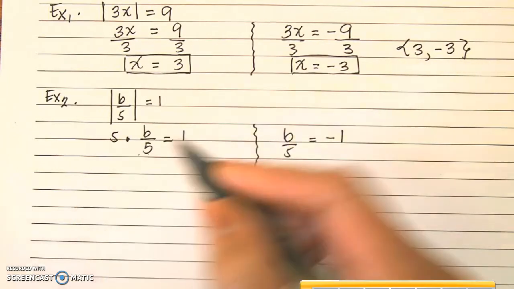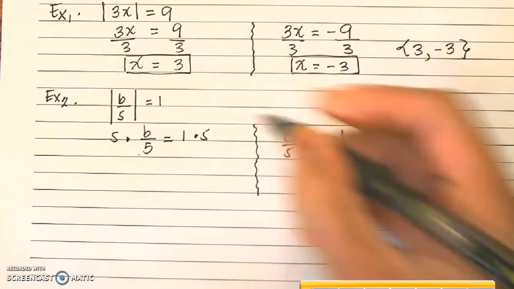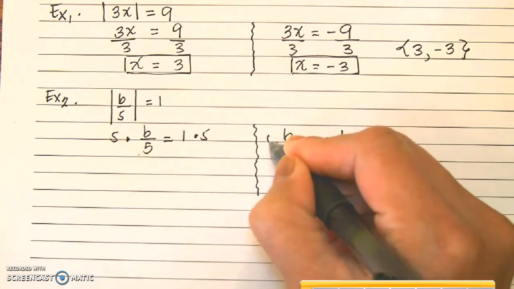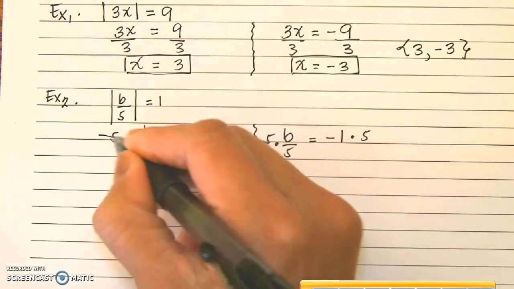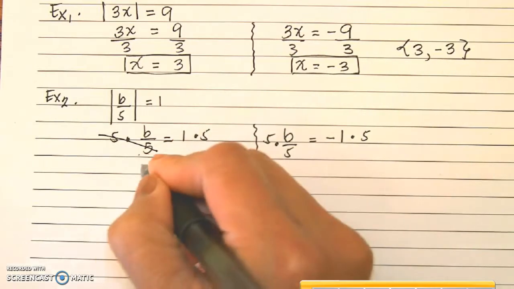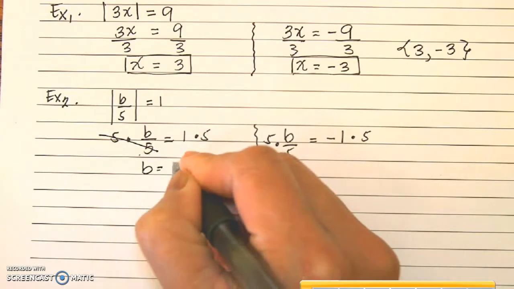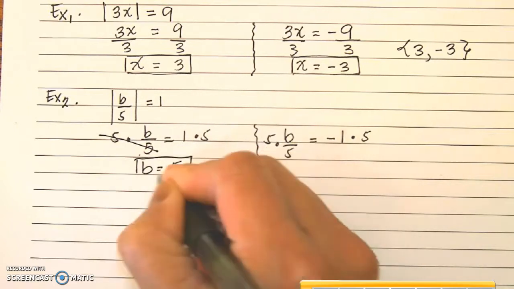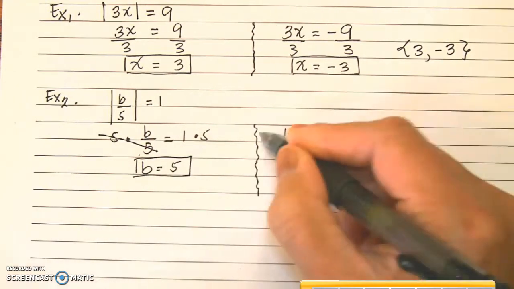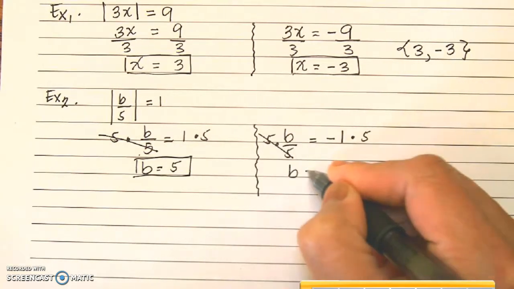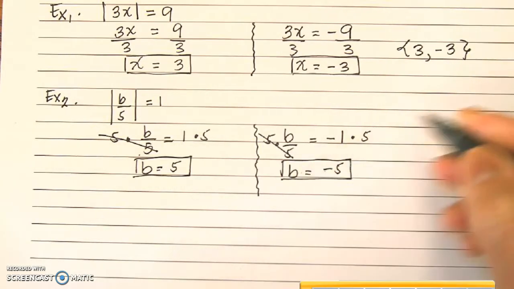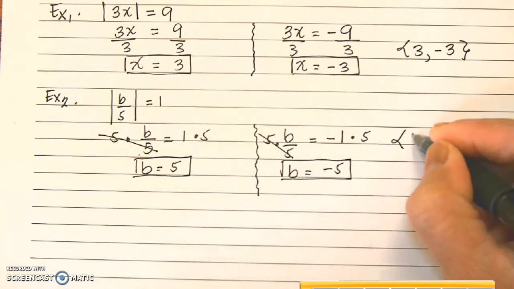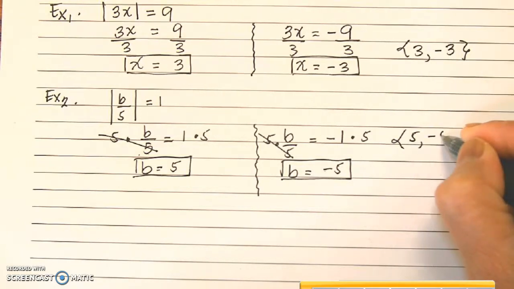Whatever you do on the left, you do on the right. Same as with this one. And then now this cancels out and becomes a 1. Your b is +5. The second value of b is -5. Your answer should be 5, -5.